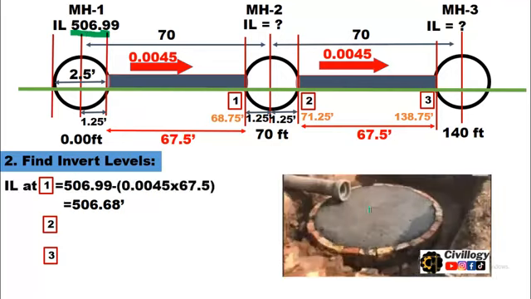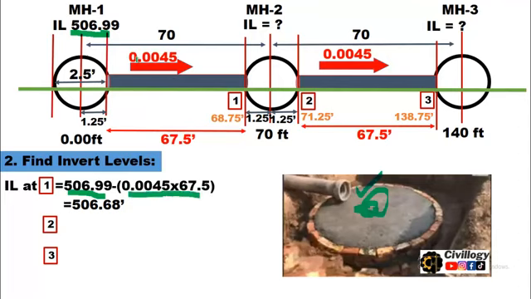As you can see over here, this is the invert level of the manhole. This is the lean concrete over which you will have to lay the pipes. So this is very important to learn. It is very simple. If you know the invert level of the first manhole, which is 506.99, simply subtract the product of slope and distance.